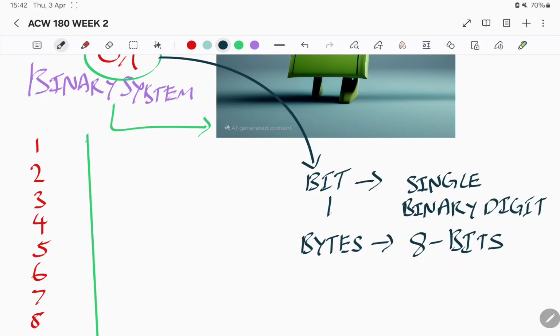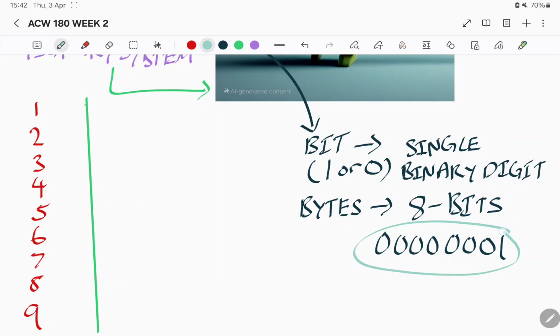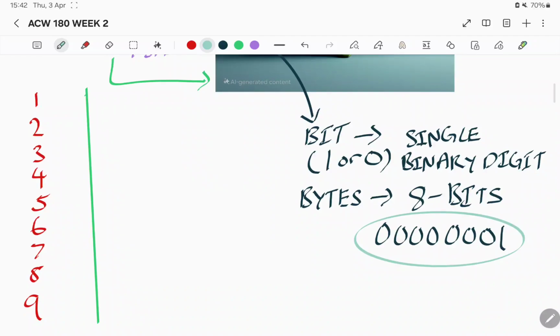A bit is either 1 or 0. A byte is something like 1, 2, 3, 4, 5, 6, 7, 8 bits. So 8 bits equal 1 byte.